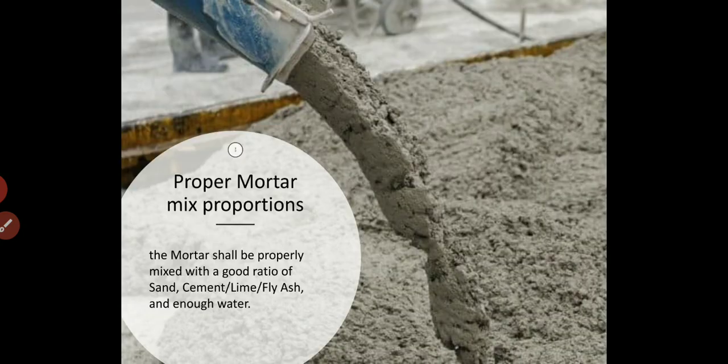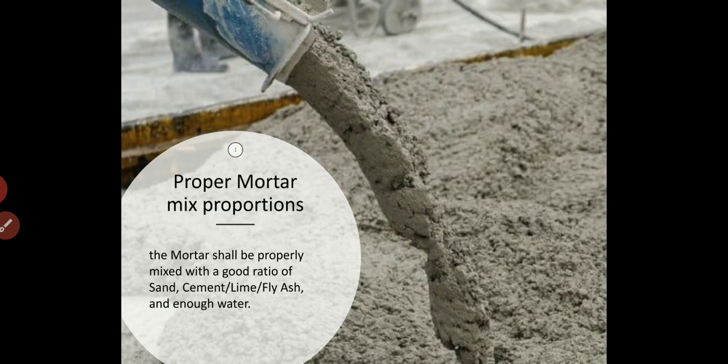The next is proper mortar mix proportion. The mortar used for the brickwork shall always possess good workability and strength. In order to get good workability and strength, the mortar shall be properly mixed with a good ratio of sand, cement, lime, fly ash, whatever, and enough water. Okay.